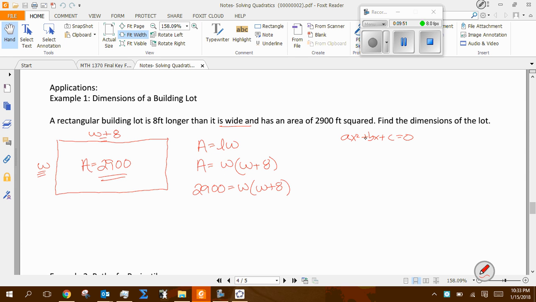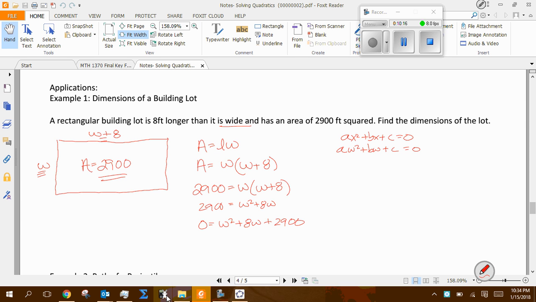But the variable we're using is w, so it's going to look like aw squared plus bw plus c equals 0. So in order to do that, we have to distribute this w. So we get w squared plus 8w equals 2900. So now we get 0 is equal to w squared plus 8w plus 2900.